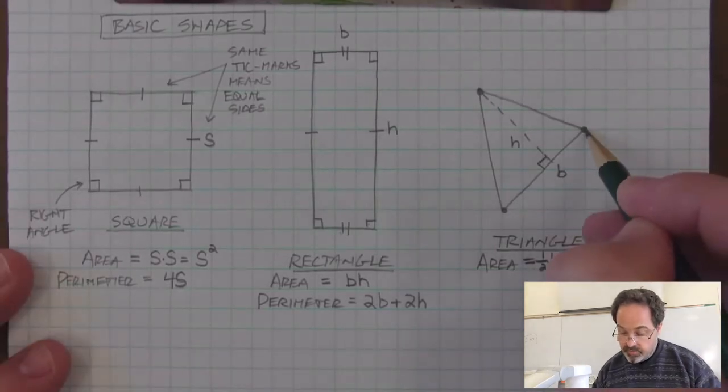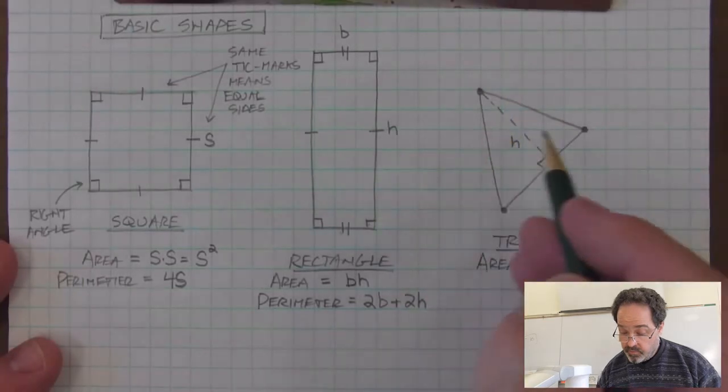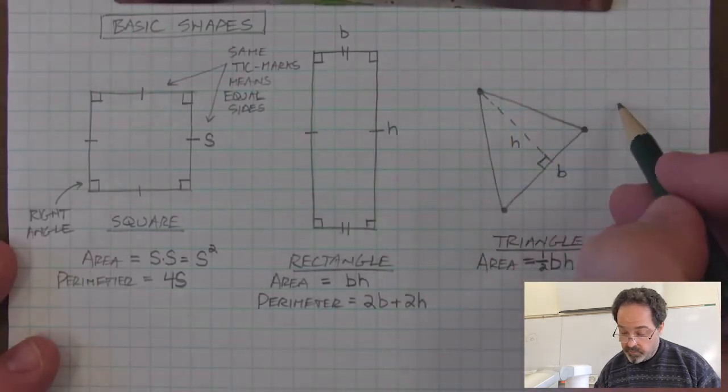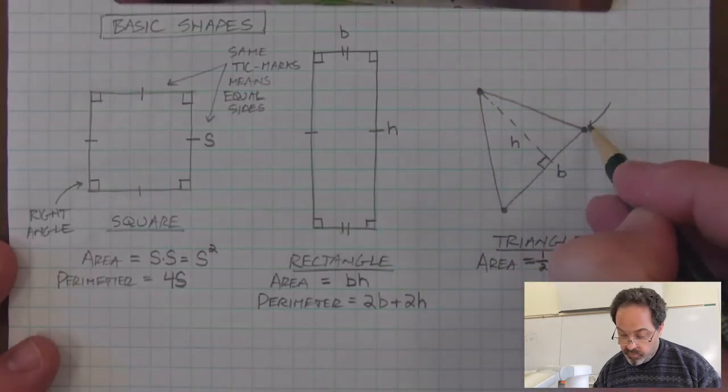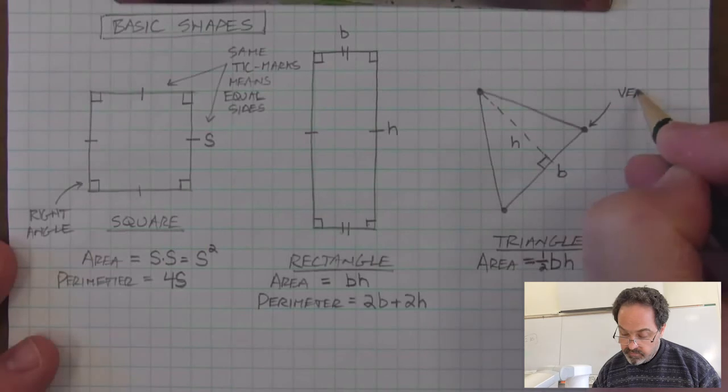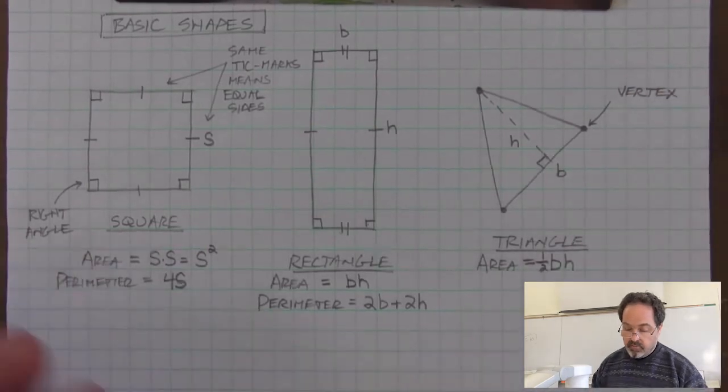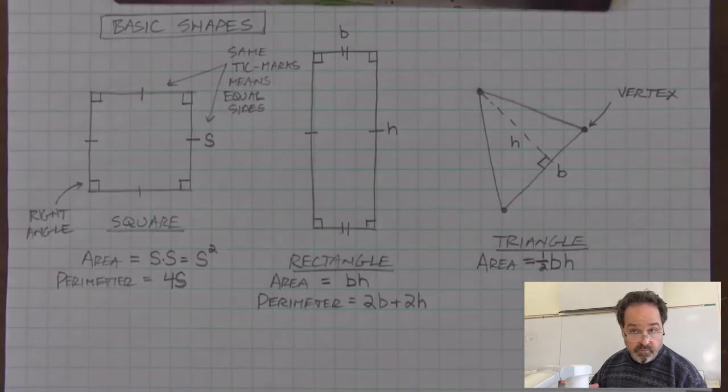I'm going to take the opportunity to label 3 important common vocabulary terms that relate to shapes. When 2 sides meet at a point, we call that point a vertex. Vertex is singular, vertices is the plural of vertex.